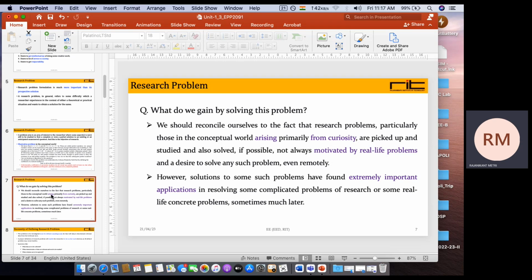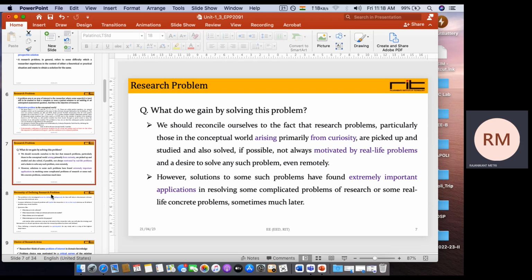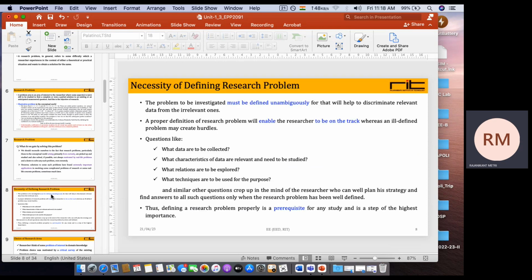The research problem has to contribute to that particular research domain. Then we saw the necessity of defining a good research problem, and how it relates to the researcher.